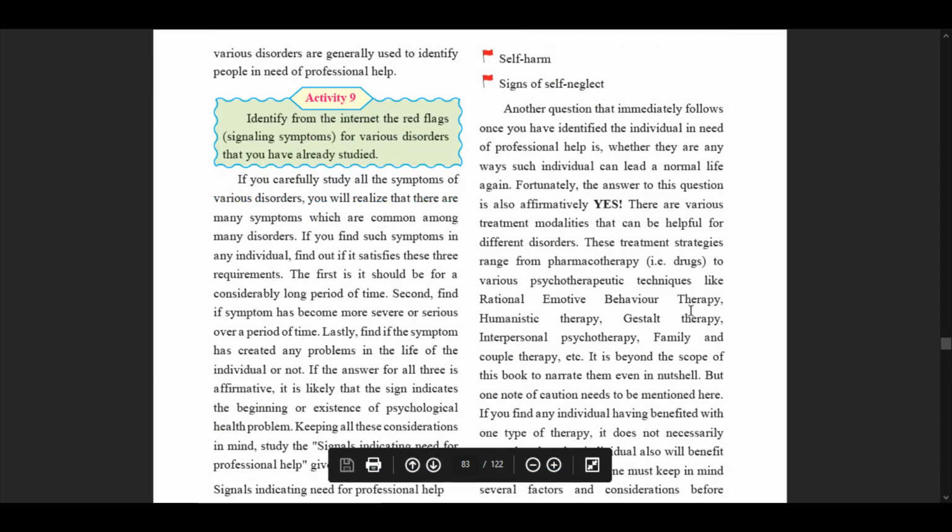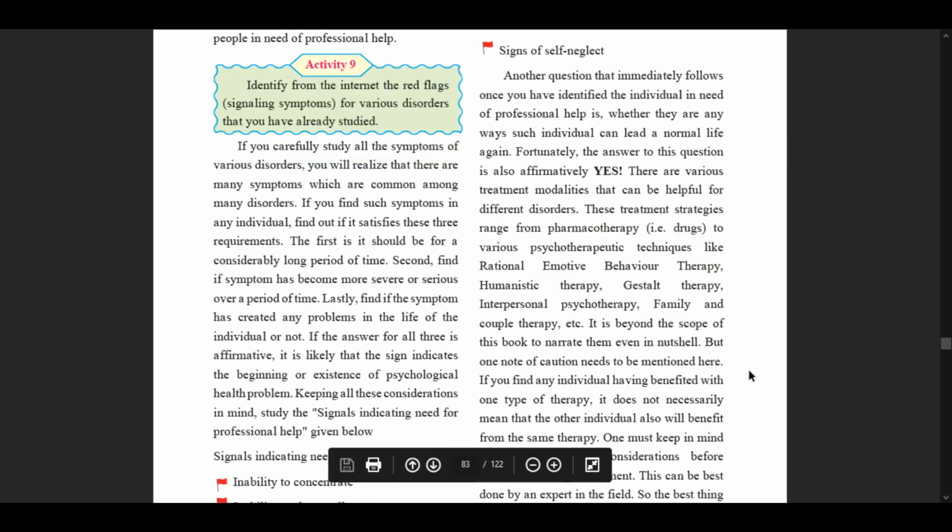These are the red flags that would come up in an individual, signaling that they need the attention of professional help.